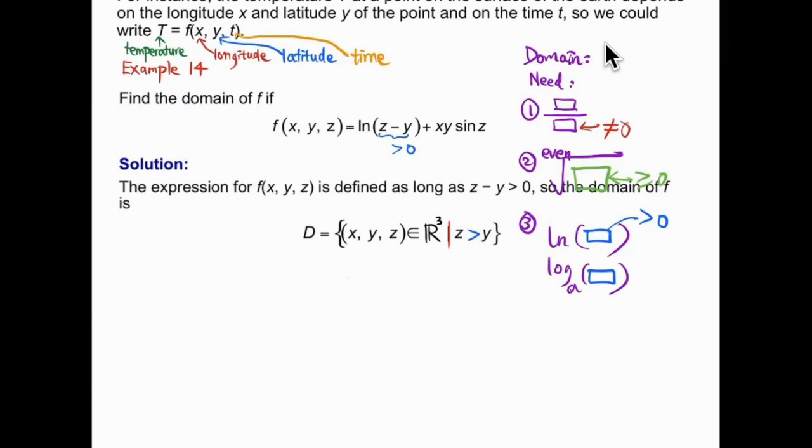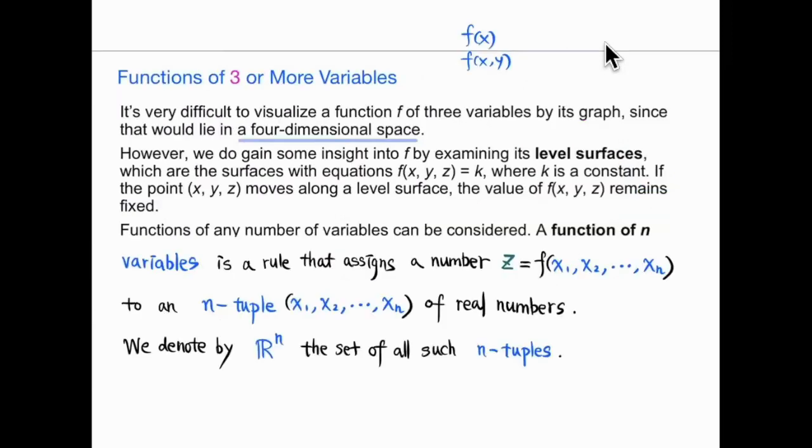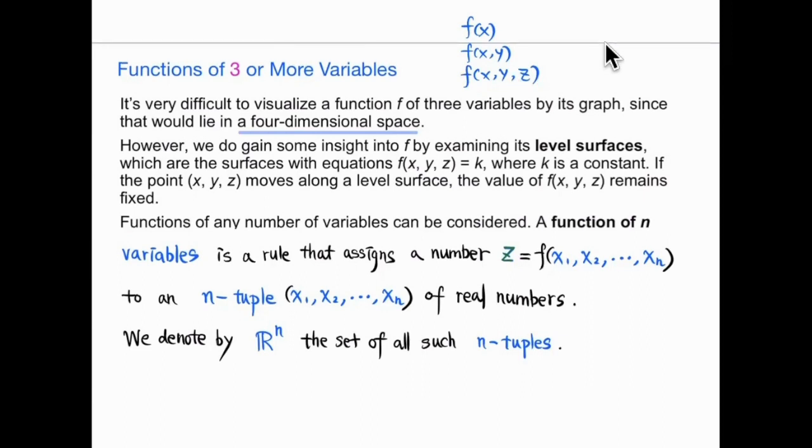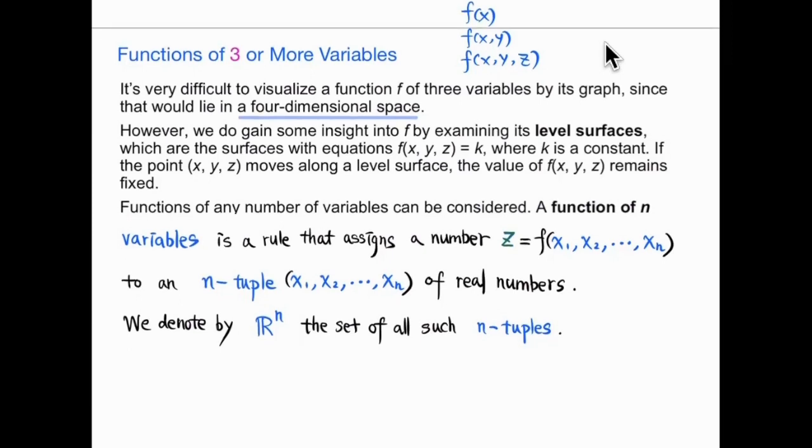So the way you read this is the domain is the set of all x, y, z belonging to R3 such that z is strictly greater than y. So before we had a function of one variable f of x, and then today we talked about a function of two variables f of x, y, and then a function of three variables f of x, y, z. Now we can actually keep on going. We can have a function of four variables.